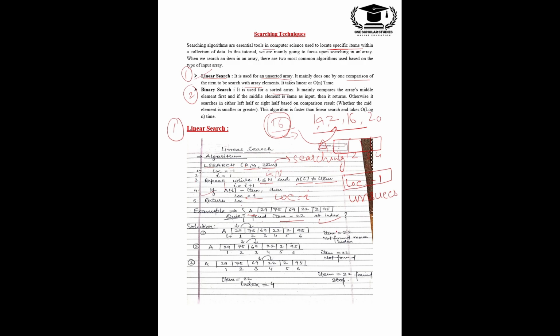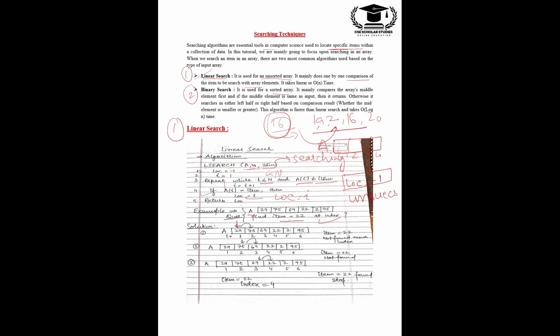So we start the indexing 1, 2, 3, 4, 5, 6. The item is 22. We start from the starting index, 29. The pointer is at 29. Is 29 equal to 22? No. Then we move to the second element, and now the pointer is at 75.